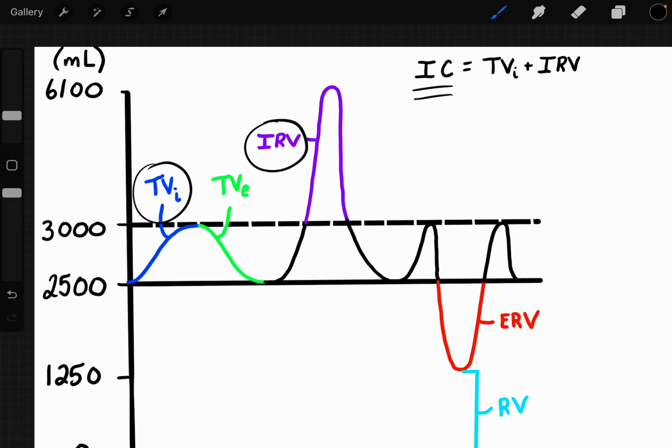If you were to chart it on the graph, you could start down here on this line and be a measurement from here, not just to here, but all the way up. Essentially, I'll mark it off like this, from the peak of the purple all the way down to the flat line at the bottom. That's going to be inspiratory capacity.